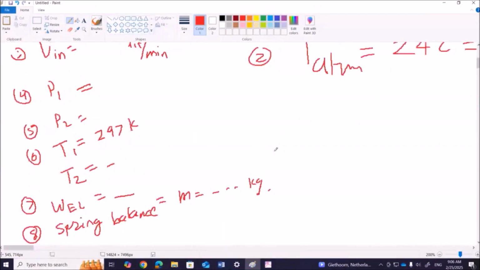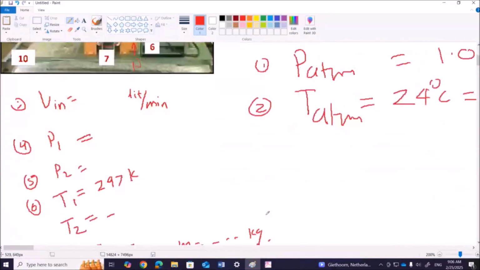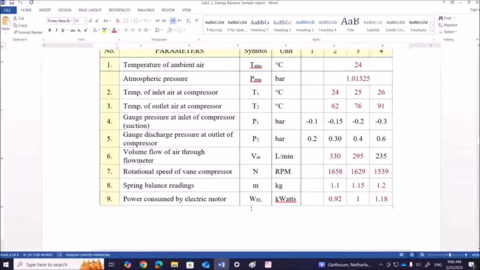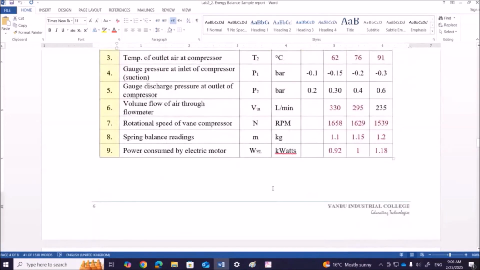Once your observation table is ready, we will record the readings. These are the readings, and now we will do the calculation for reading number 2. In the observation table, I wrote the units available on the machine as they are. Then I will convert everything to primary SI units in a sample calculation.